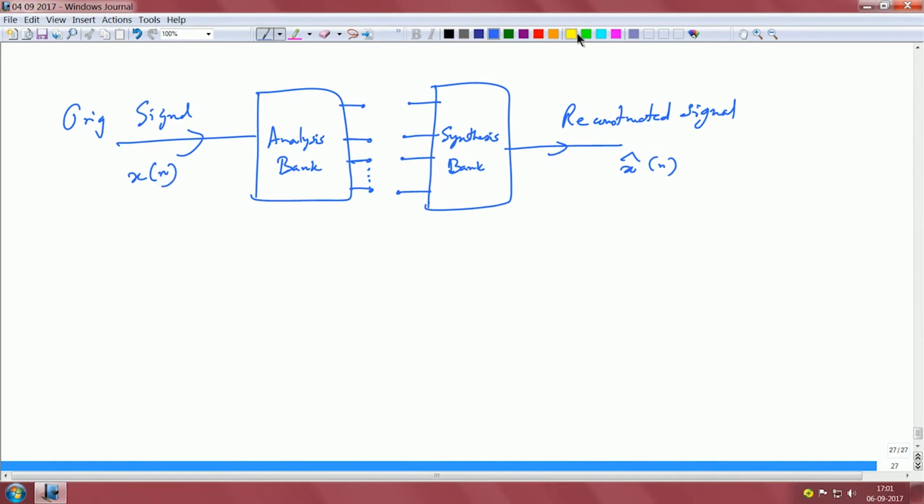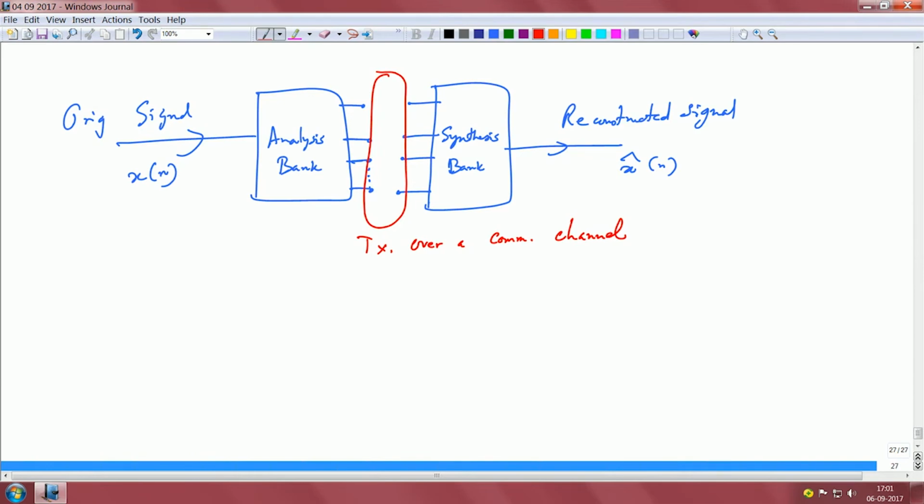At this step, which is very important, there is a transmission happening over a communication channel. When we say we are transmitting over a communication channel, we are playing with the bandwidth of the channel in some sense.